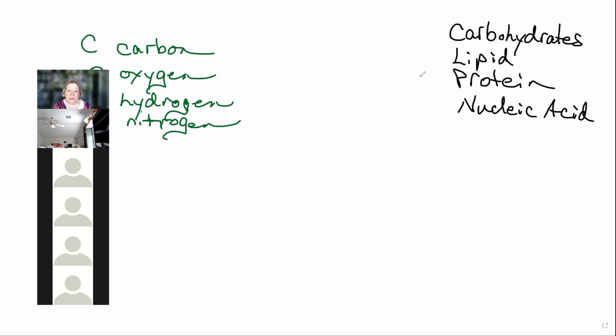So you're going to need to know these four, and what makes them up, what atoms go into making these guys. But I'll walk you through it. I'll make it as easy for you as I can. I realize it's complicated.